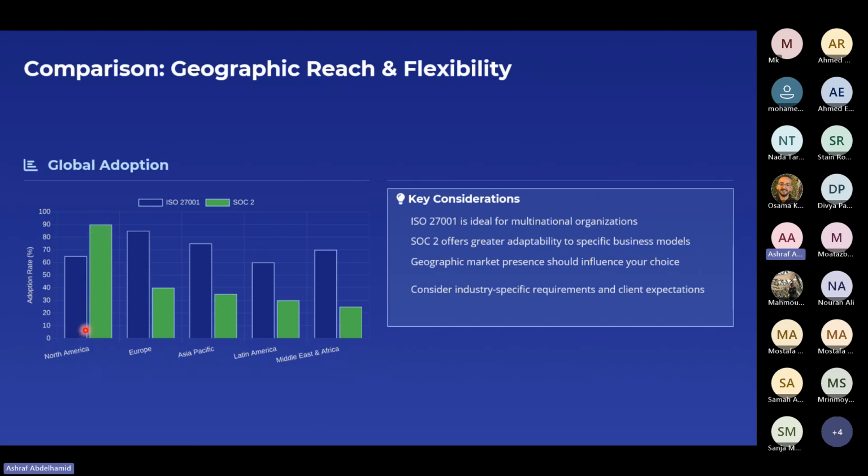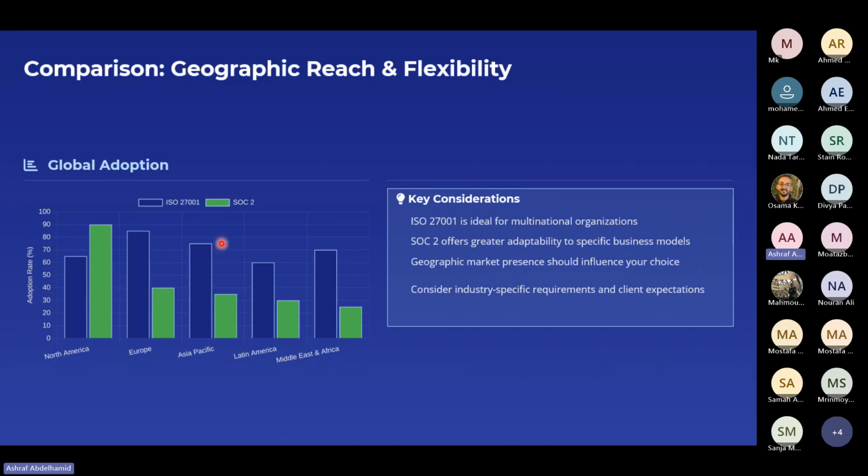Nevertheless, it is also adopted in other parts. ISO 27001 is not as adopted as SOC 2 in North America. It does have high adoption, but not like SOC 2. When we look at Europe, we find the vice versa.